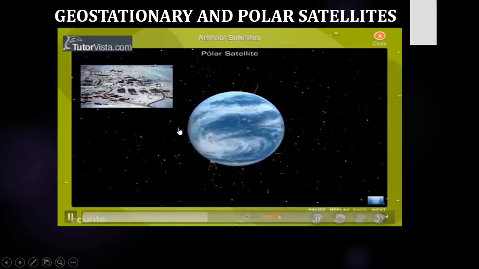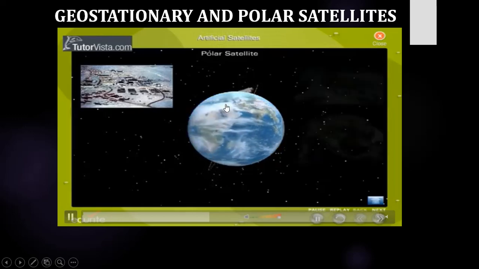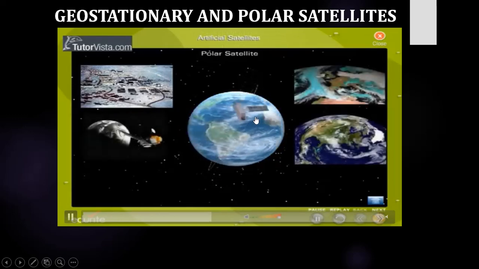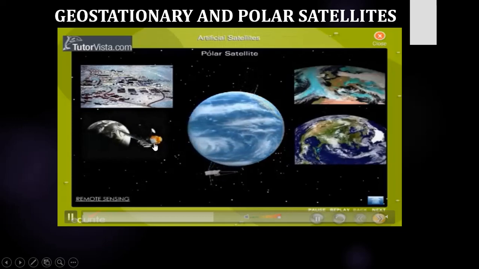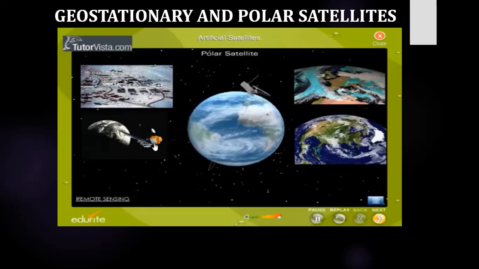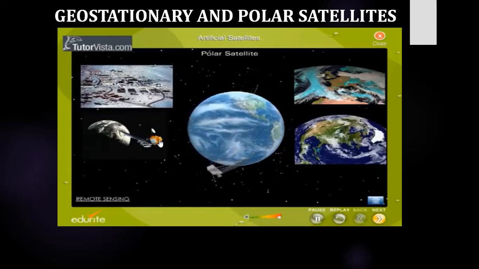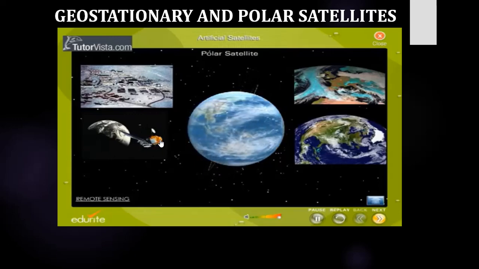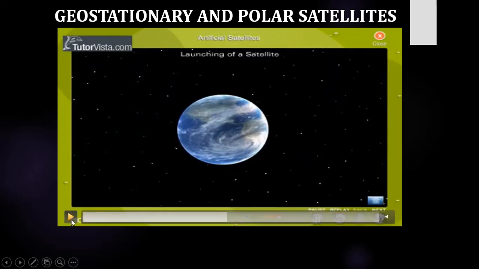So it can capture images of the earth with magnificent cameras fixed on the face of this satellite, and these polar satellites act like remote sensing satellites. In this way you can have an idea of how polar satellites and geostationary satellites are rotating around the earth.